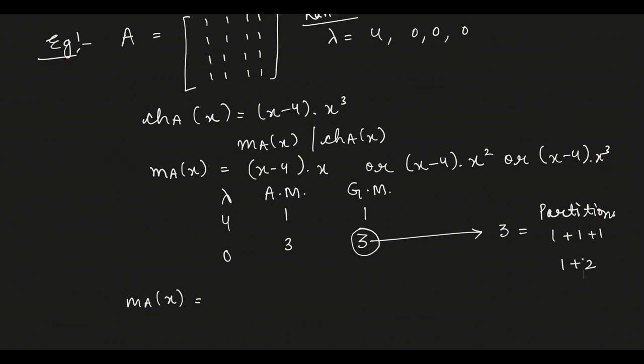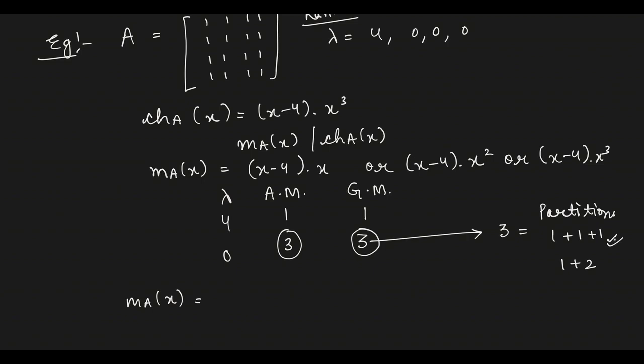I will take that partition in which the number of partitions is equal to AM. AM is 3 now. So I will take this partition. Number of partitions should be equal to AM.